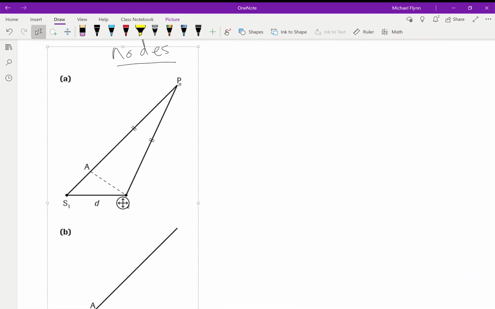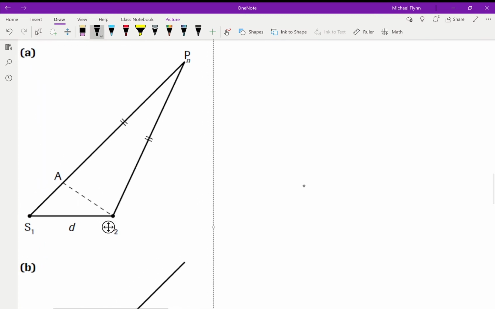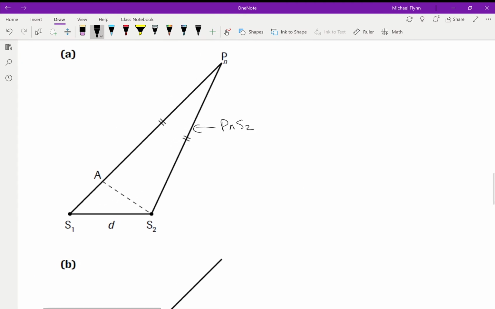So Pn is a point on a nodal line, okay? This full line segment here is PnS2, you get it? And the whole line segment all the way down, they cut it off at A, but don't do that, just the whole line segment all the way from here to here, that is PnS1. Obviously PnS1 is longer than PnS2.